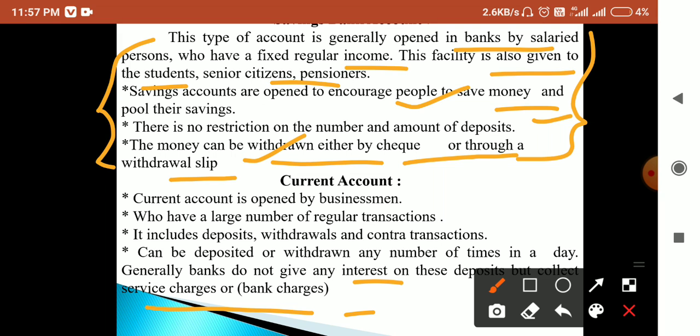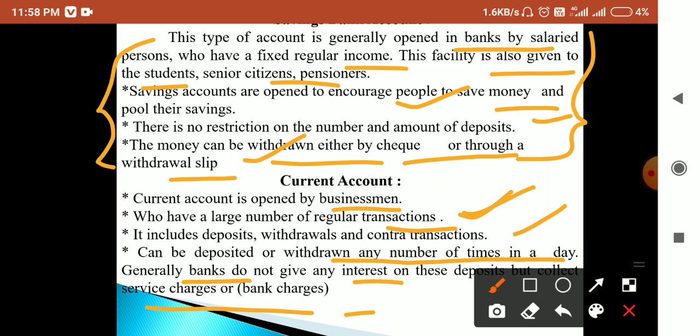Next one is the current account. This type of account is for businessmen who have a large number of regular transactions. It is very important and useful for that person. It includes deposit facility, withdrawal facility and contra transaction also, and one can deposit and withdraw any number of times in a day.